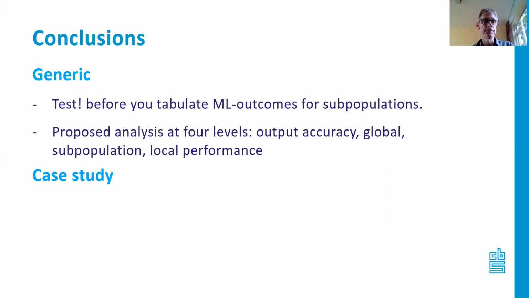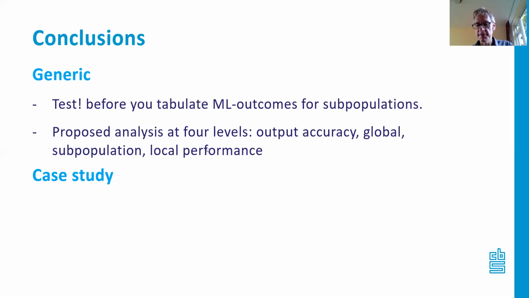To conclude, the main point of this presentation is that you cannot just tabulate machine learning outcomes by subpopulations if you didn't train for this in the first place and if you didn't test whether that can be done. To analyze whether it can be done, we propose to look at 4 levels: the output accuracy, the global model performance, the performance at subpopulation level, and the predictions at individual records.